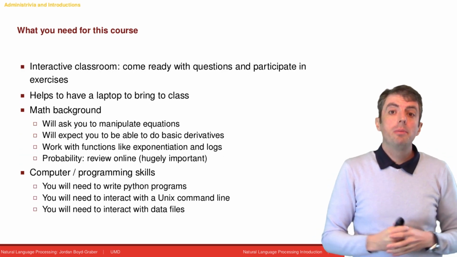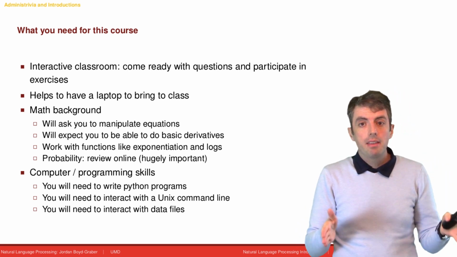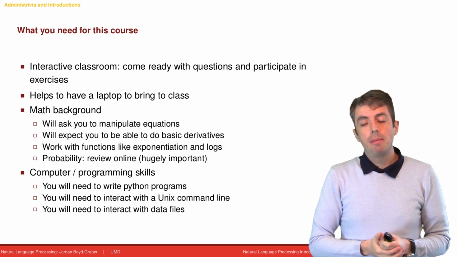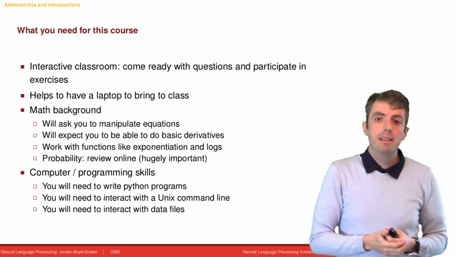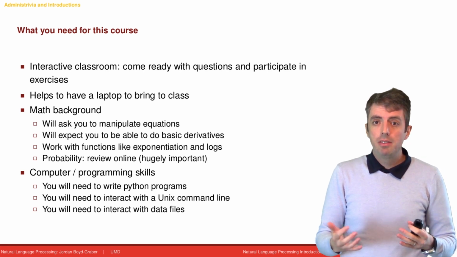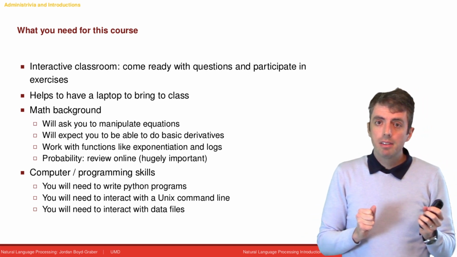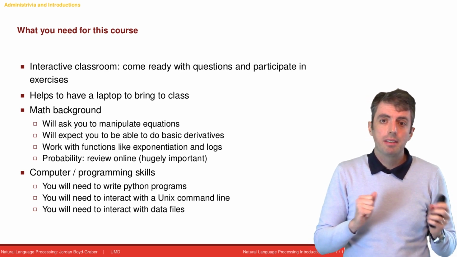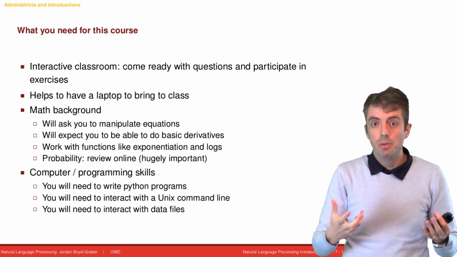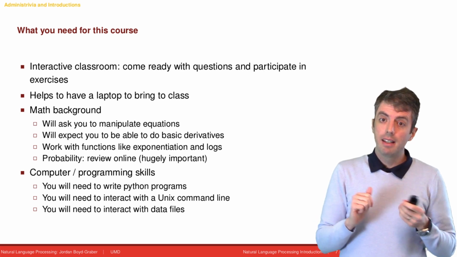So what do you need to do well in this class? You need to have some basic mathematics and programming backgrounds. In terms of mathematics, I'll expect you to be able to take derivatives. I'll expect you to be able to manipulate matrices and vectors. So multiply a matrix and a vector, and know what it means when you have a dot product, things like that.